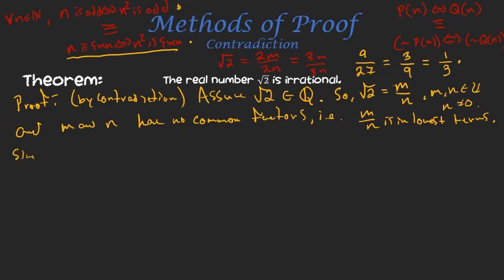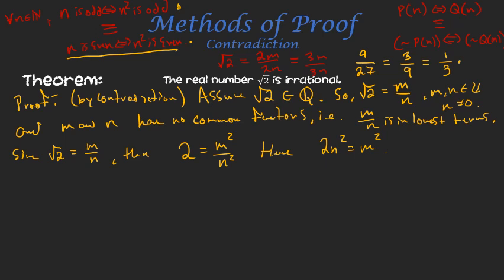Since square root of 2 is the same thing as m over n, if I square both sides, 2 is equal to m squared over n squared. And I'm going to go ahead and solve for m squared now. Hence, 2n squared would be m squared.